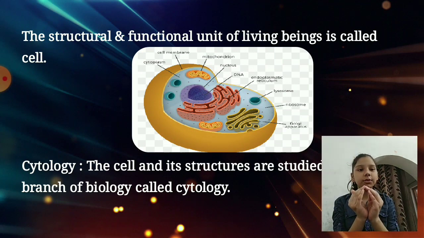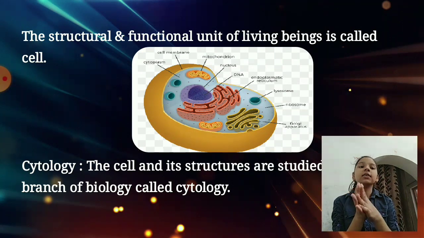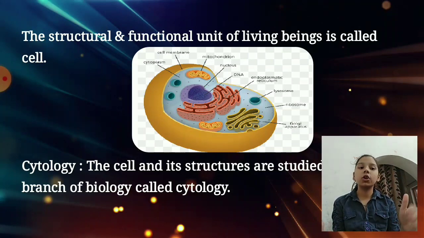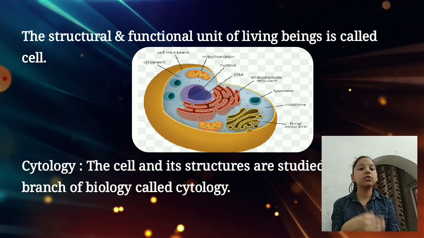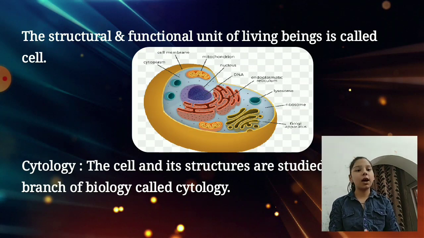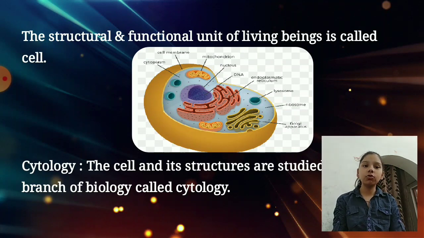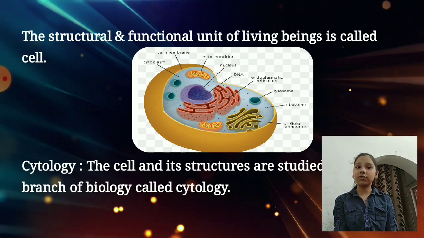The smallest unit is a cell, and a group of cells which have similar functions forms tissue. A group of tissues which have similar functions and similar origin forms an organ, and so on. That's how our body is built. The cell is the main component of a body. So you can write this definition too: the structural and functional unit of living beings is called cell.